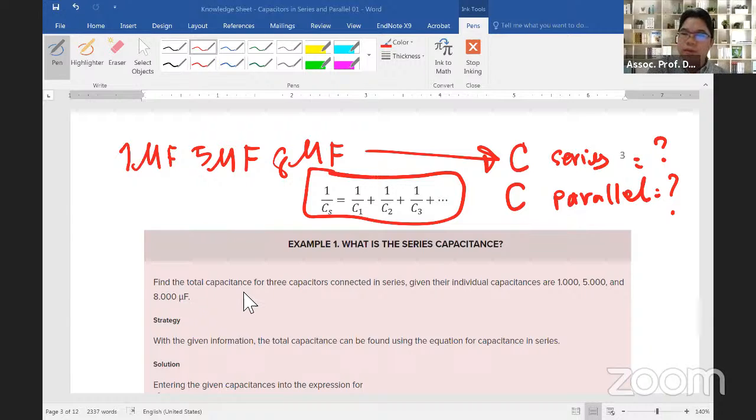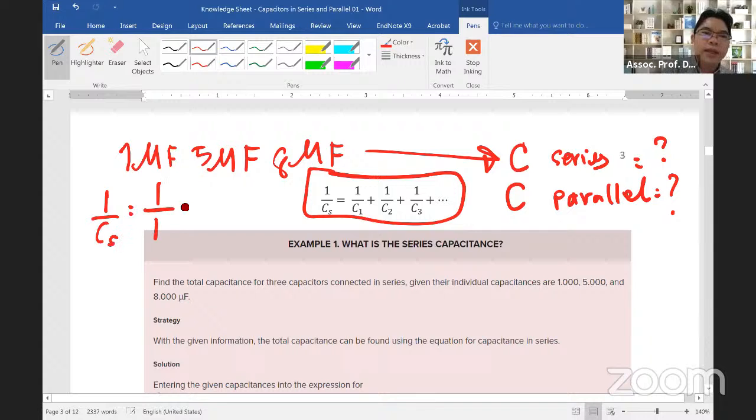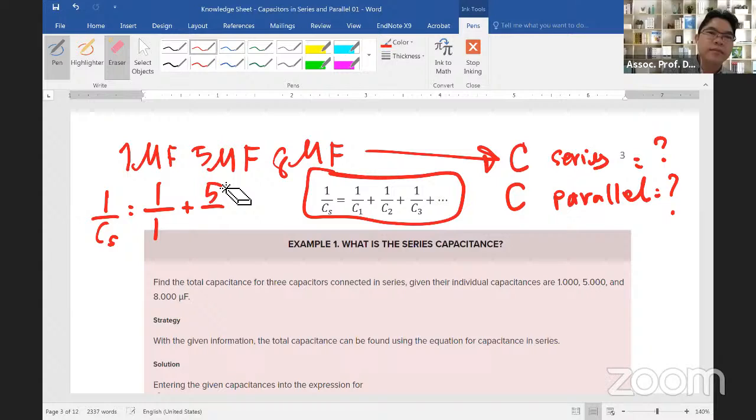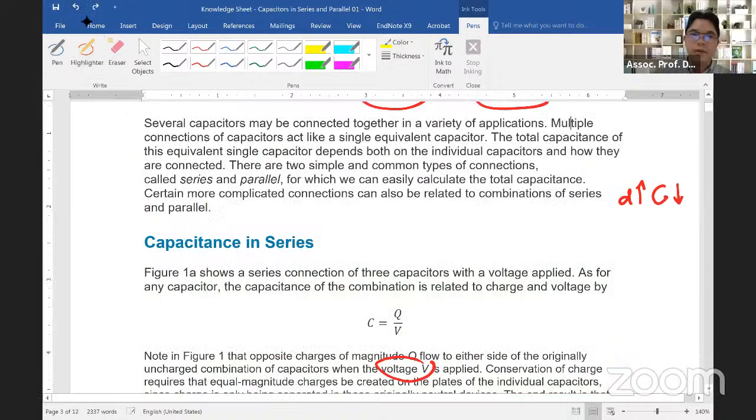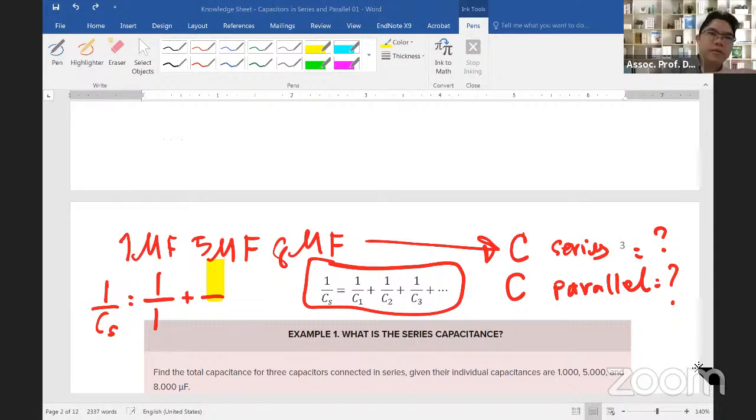But for series, you have to calculate 1 divided by 1, 1 divided by 5, and 1 divided by 8.